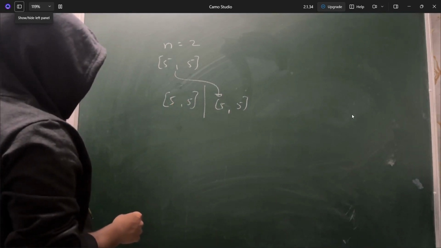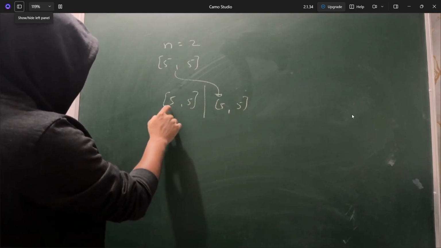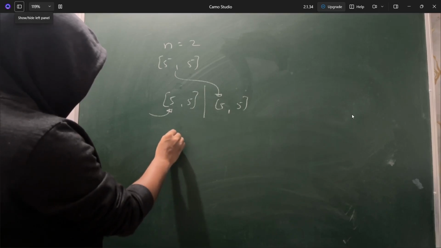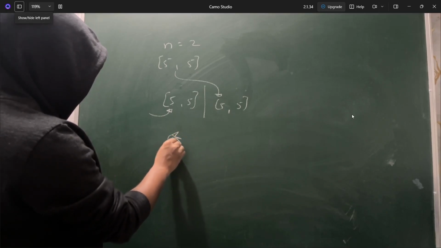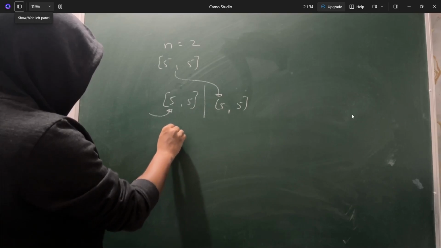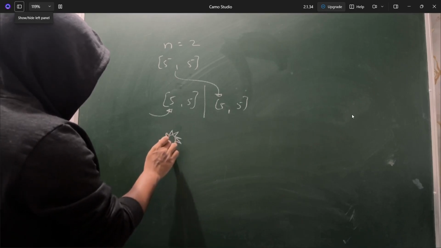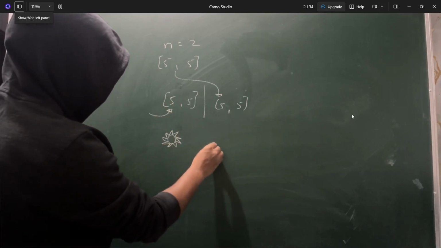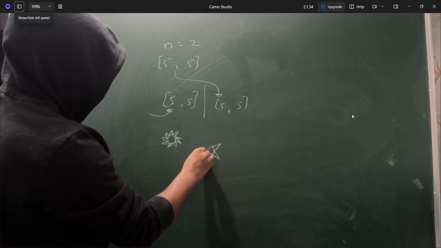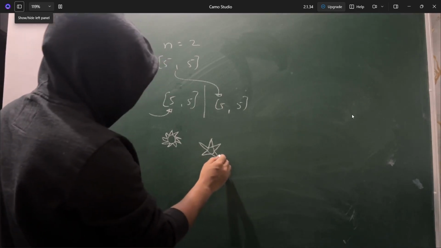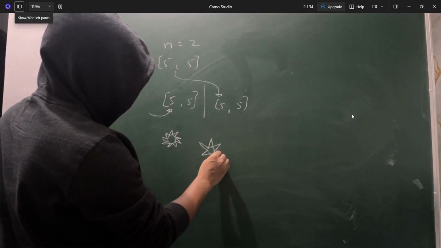So in the question, what they have given is the leftmost gear. Gear, I think you guys know, in a wheel there will be this kind of mechanical structure. In the first example, they are saying it has 5 teeth: 1, 2, 3, 4, 5 teeth, and the second gear also has 5 teeth and they are connected.